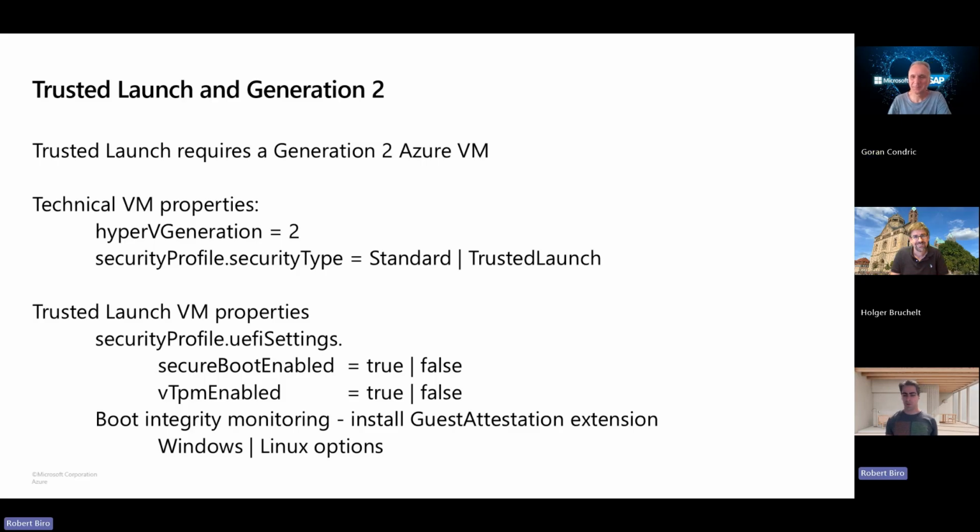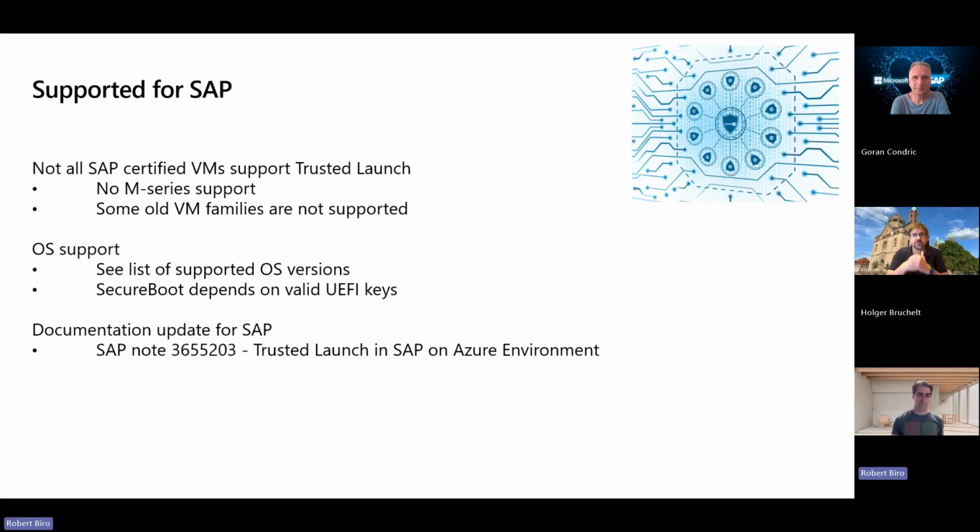One exception would be VMs with GPUs, which are not supported, but also M-Series. So every single M-Series VM, the entire M-Series family, does not have Trusted Launch support. So it is a Generation 2 VM, but it does not have any Trusted Launch support at this time. Doesn't matter if it's an Mv1, Mv2, or Mv3. At this time, the entire M-Series family is without Trusted Launch support.